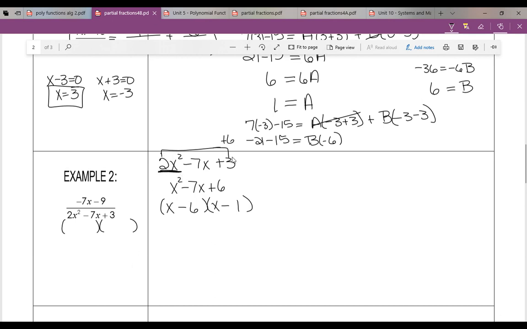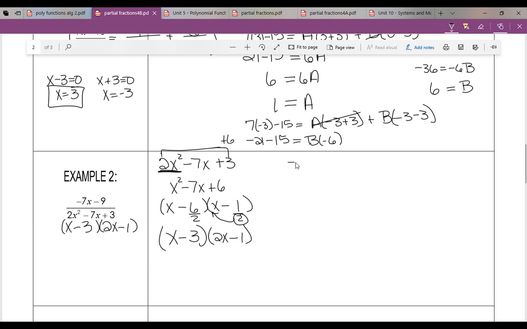So if you multiply the 2 in to get the 6, you have to divide the 2 right back out. 6 over 2 reduces flat out to 3. So one of my factors is x minus 3. 1 over 2 does not reduce or divide out evenly. So I'm going to take 2 and move it up here. My second factor would be 2x minus 1. Those are my factors.